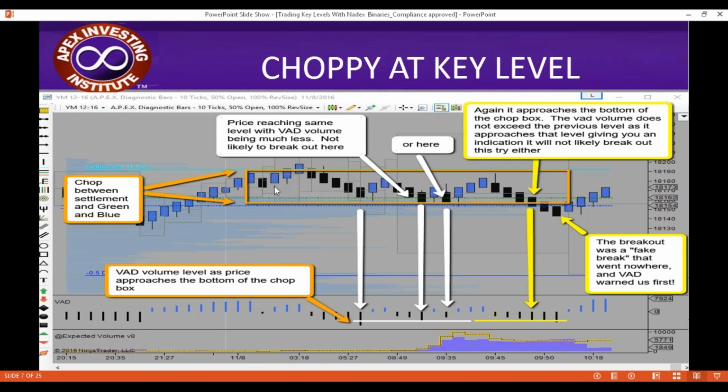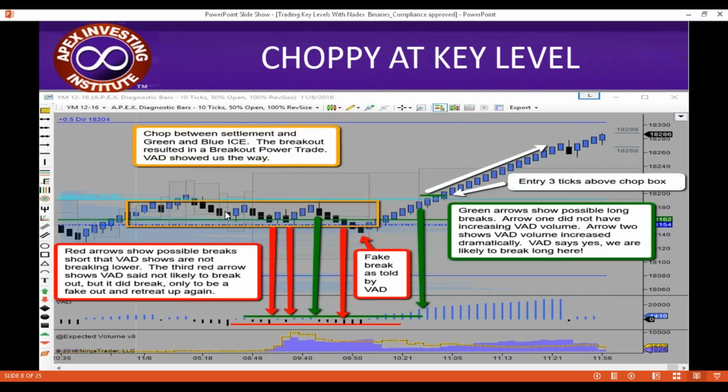Do you see this screenshot? The market's chopping here, it breaks out, and then what? You start to see bars going up against you, right? Look at this next screenshot. It's the same exact chart. Do you see it? Remember, this was the chop area. This is where it started to break out short, right?